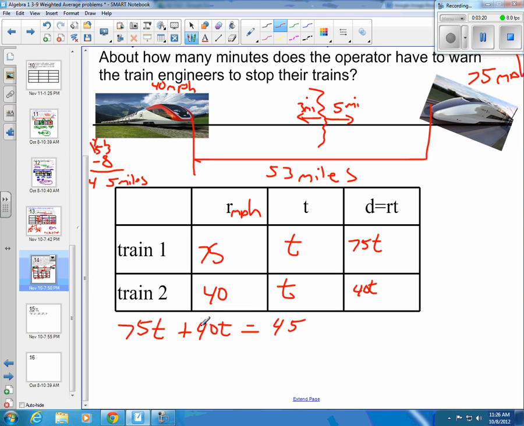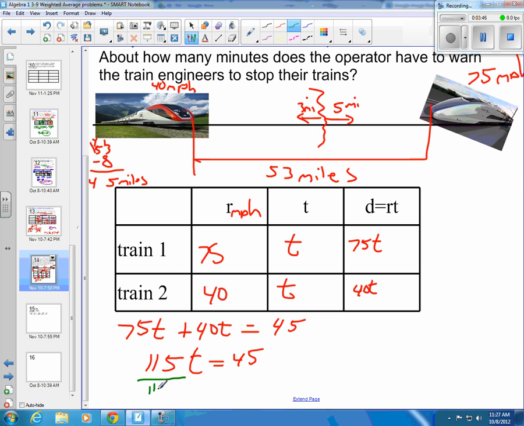So 75 plus 40 is going to be 115. So we've got 115t is equal to 45. Okay, then to get t by itself, I'm going to be dividing both sides by the 115.